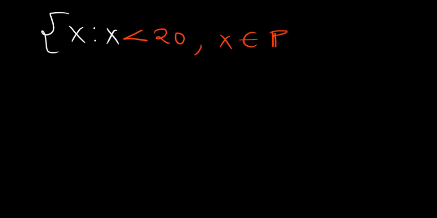That's why you need to know these symbols, what they stand for. So if I ask you to list such a set, you need to understand what it means if X is less than 20 and X is a member of real numbers.